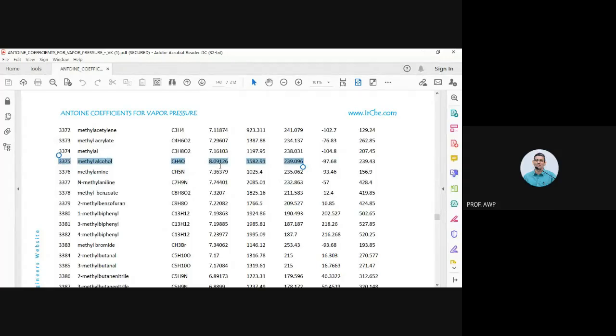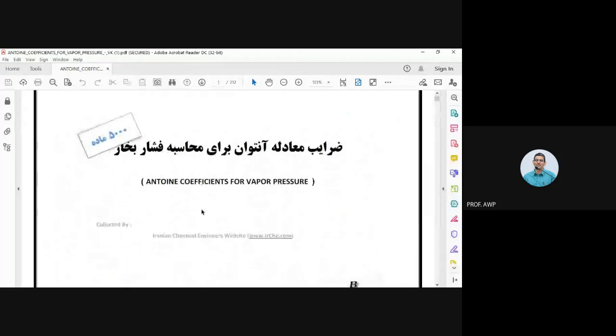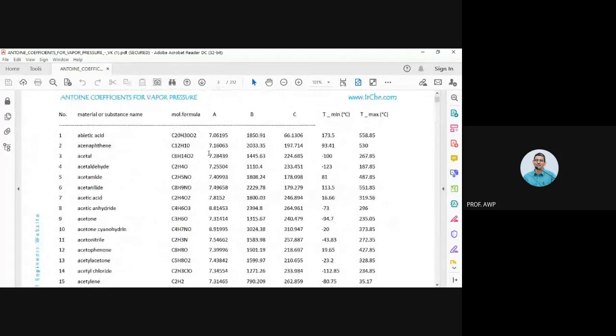Okay, so this is the A value. Look at the first row of the table. This is the molecular formula, A value, B value, C value, and the minimum and maximum temperature between which the correlation is applicable. For example, for acetaldehyde, the constants A, B, C are valid from minus 123 degrees centigrade to 187.85 degrees centigrade.